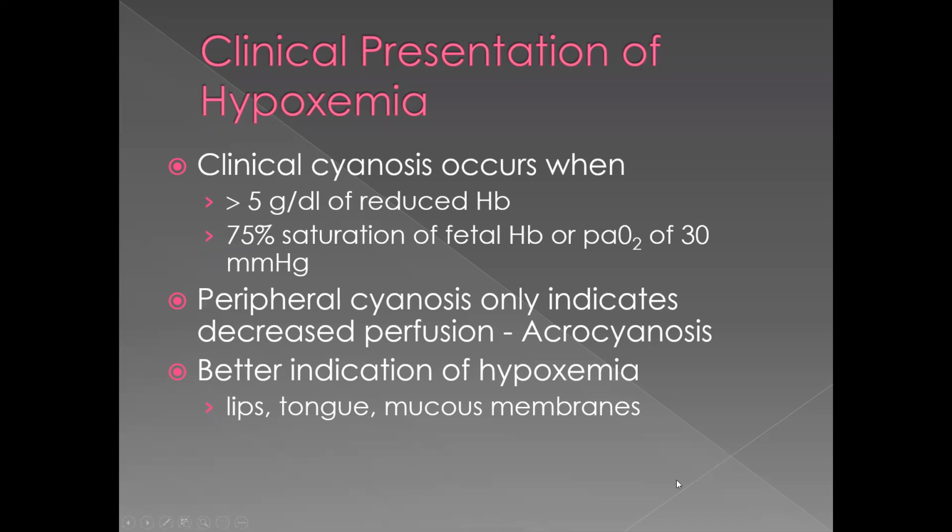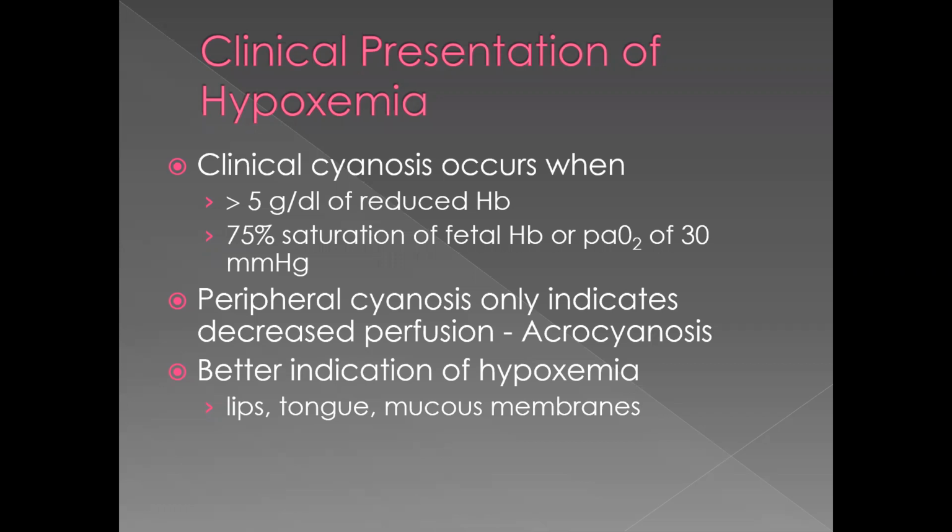So a lot lower than in adults, and the reason is because of that fetal hemoglobin having a stronger affinity for oxygen. Another word you come across is acrocyanosis. Acrocyanosis only indicates that you have poor perfusion, so there's less blood flow to the extremities. The fingers and the toes will appear cyanotic, but that doesn't mean that the oxygen saturation is low. The mucosa will still be pink.